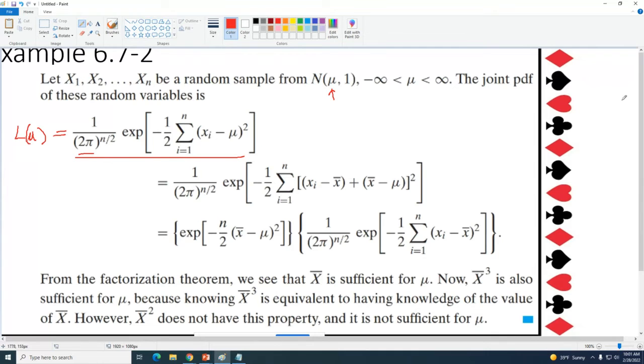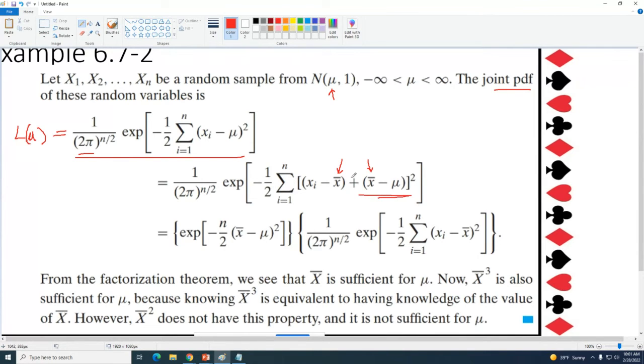Now for this joint density function, or likelihood function, we want to find out which part has mu and which part has no mu, so we want to find a way to factor it. What we actually did is insert a minus x bar plus x bar. We end up getting this, and the part that has mu is this part.